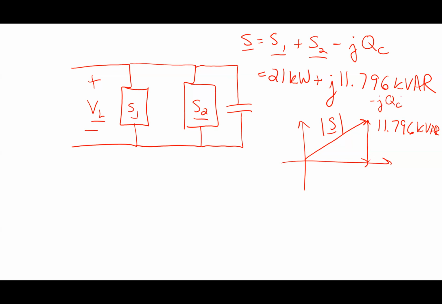If I want unity power factor, what does the Q of the capacitor need to be? I'll write Q as a magnitude, just so we're clear it's a positive number. It should be 11.796 kVAR. So I need a capacitor that can source that much.